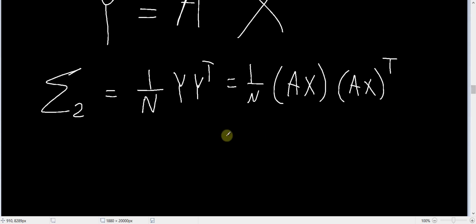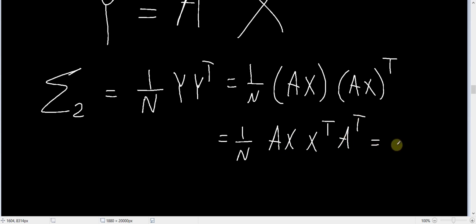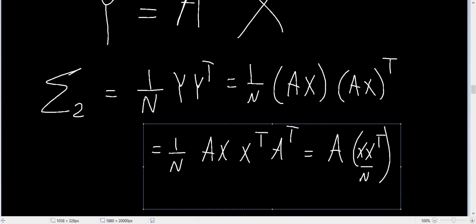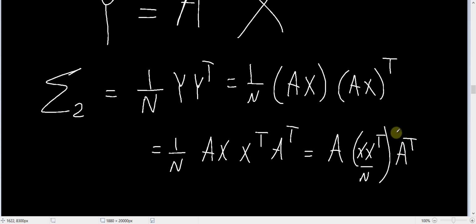And so this is equal to 1 over n A X X transposed A transposed, and this is equal to A multiplied by X X transposed over n multiplied by A transposed on the other side. But this term right here is actually equal to the covariance matrix of the data before the transformation, and this is equal to I. So the covariance matrix is equal to A A transposed.